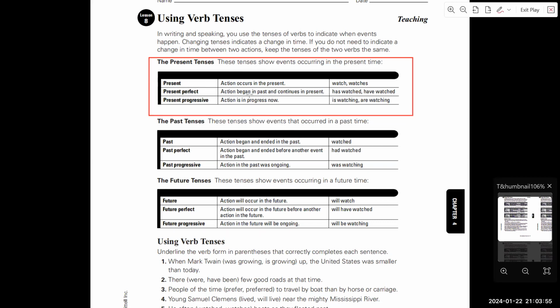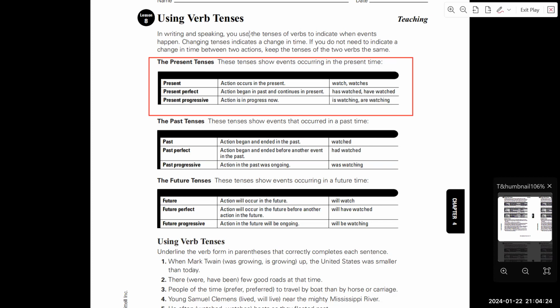So in present tenses, can you please read? The present tense shows events occurring in the present time. Actions occur in the present. That's right.